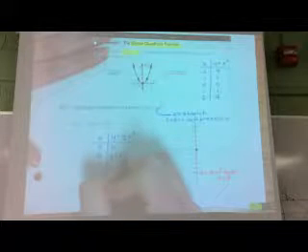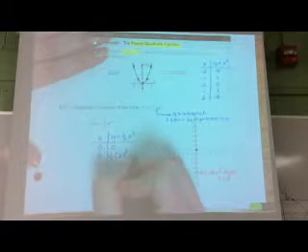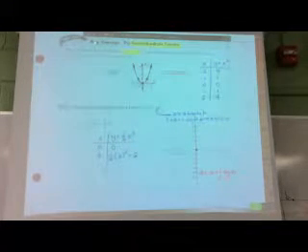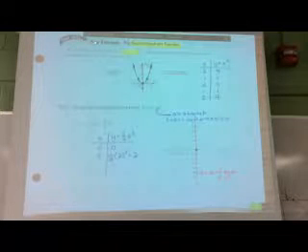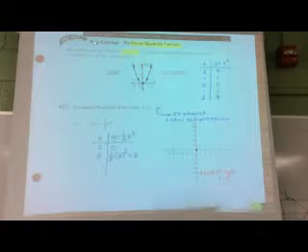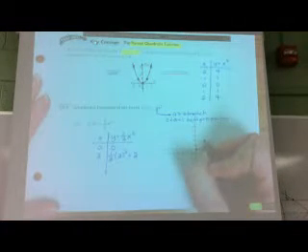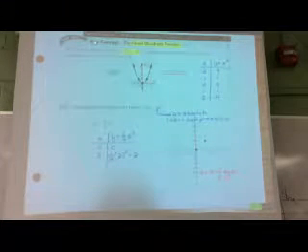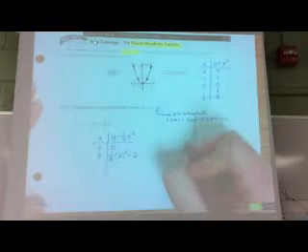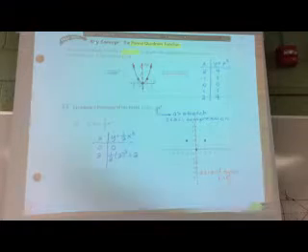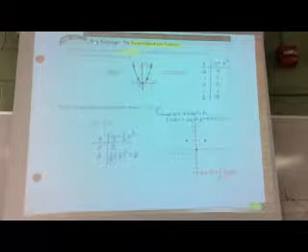So 1/2 times 2 squared, would you agree, equals 2? Okay? So I have the point 2, 2. And over here, I have the point -2, 2, because I have a mirror image point.